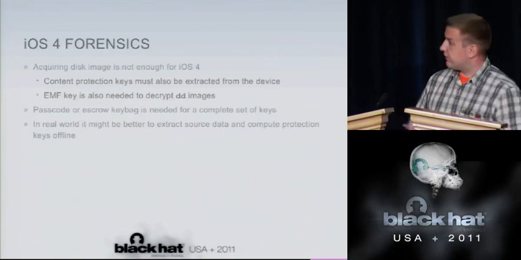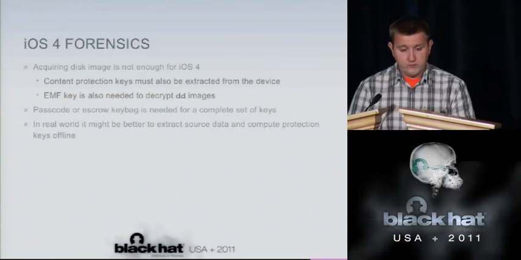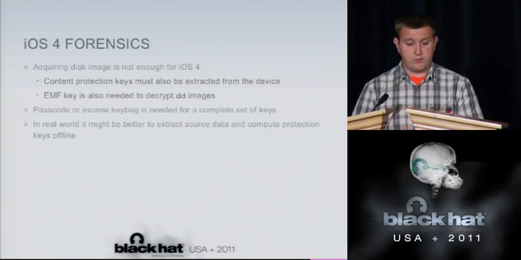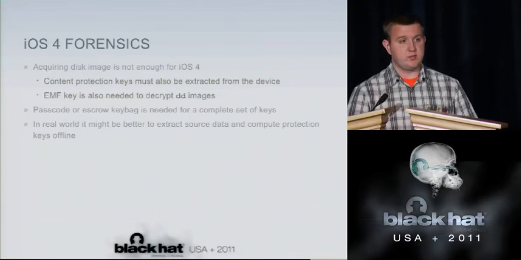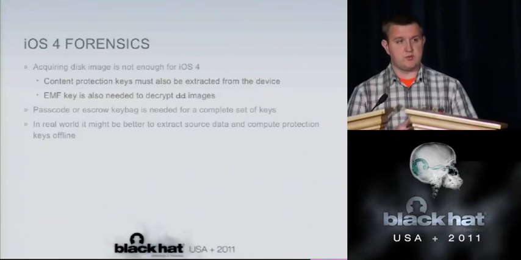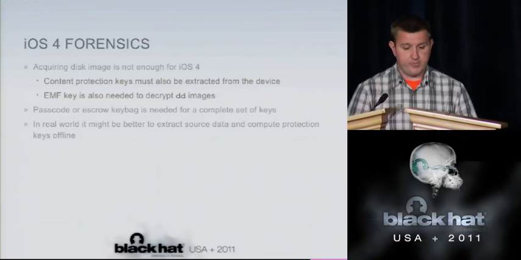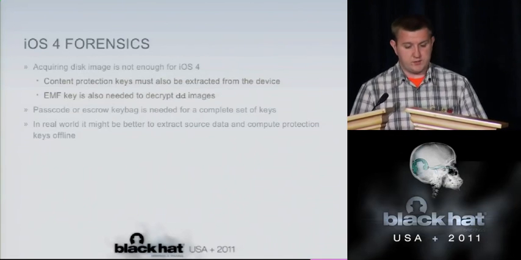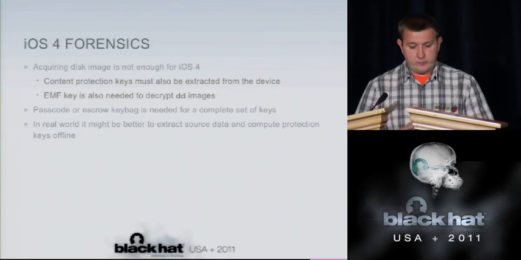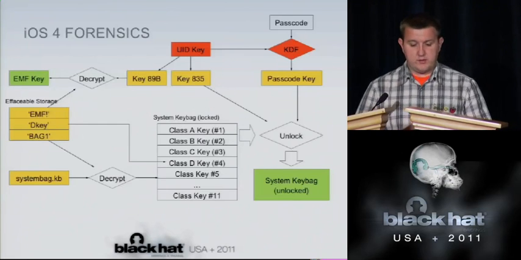I have just to sum things up. For iOS forensics, it's no longer enough to acquire a raw disk image of the device. You need also to extract the encryption keys from the device. And also you might want to extract the whitening key from the effaceable storage. Now, theoretically there are two approaches.